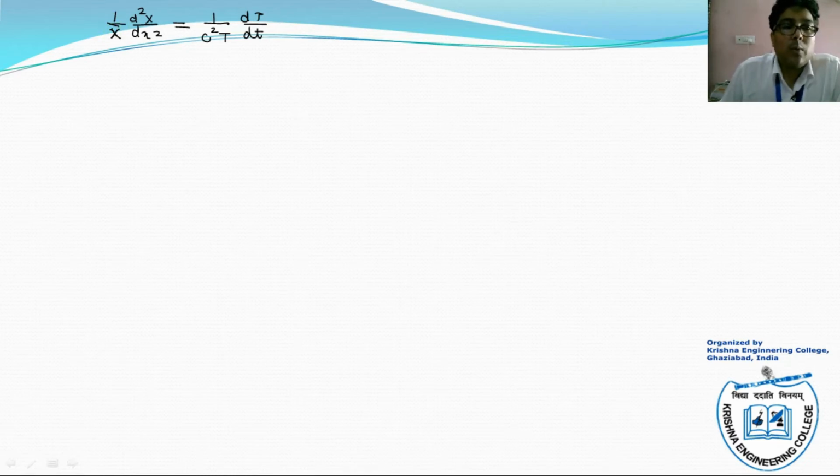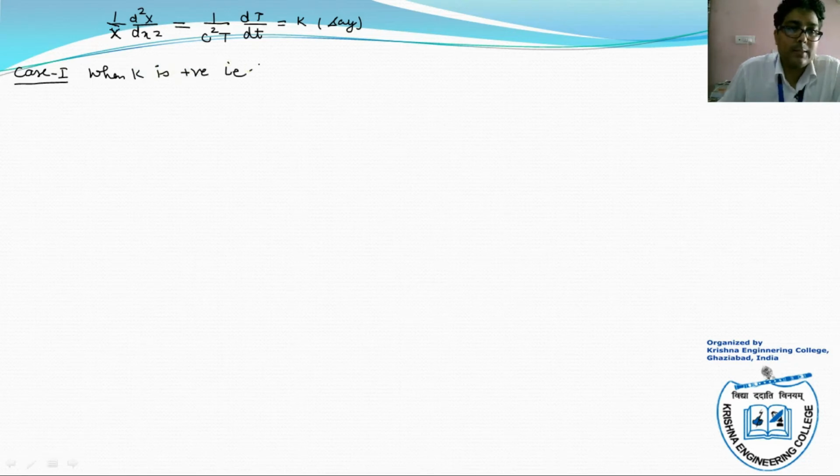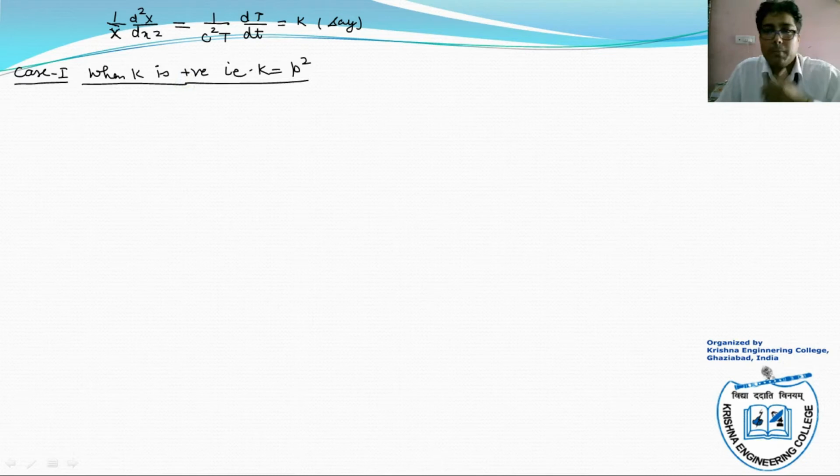Now the value of the two terms is equal, so let us take it to be a common value k. Say there are three cases that arise here: when k is positive, k is 0 and k is negative. Now we take the first case first, when k is positive, that is k is equal to p square. Clear? K is positive, that is k is equal to p square.